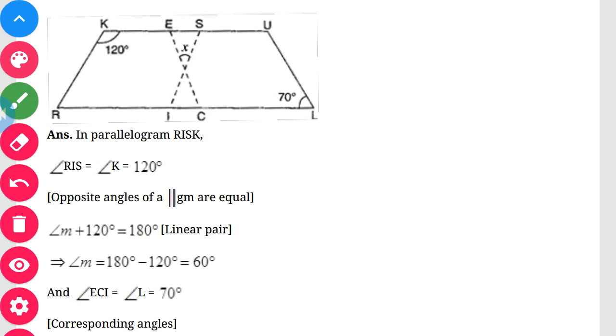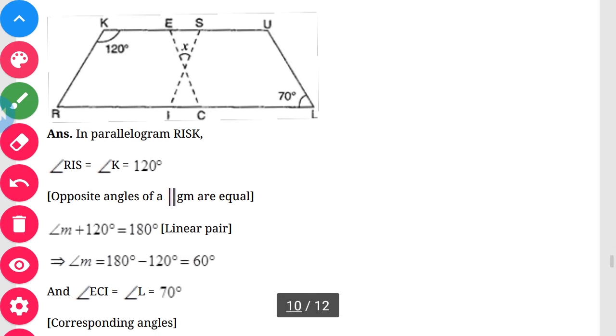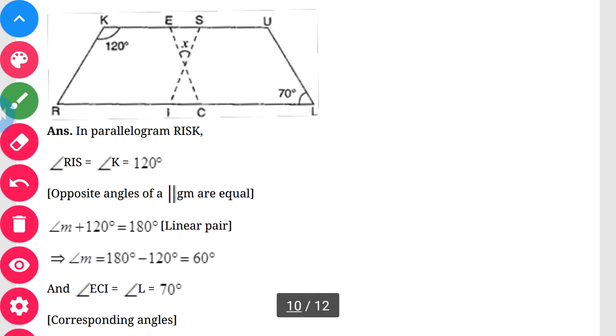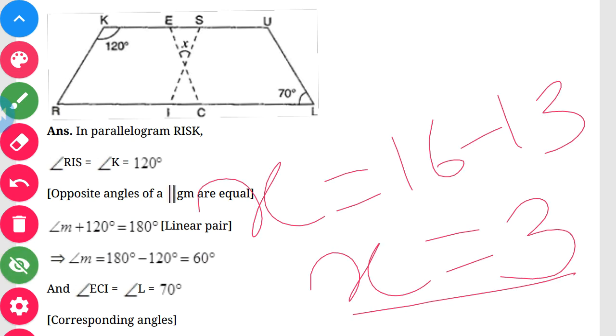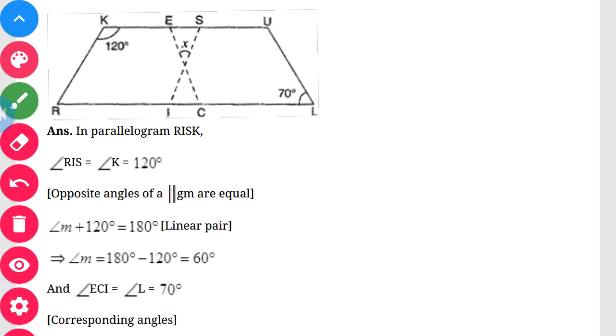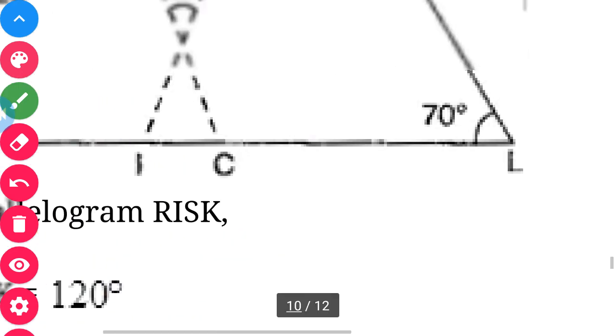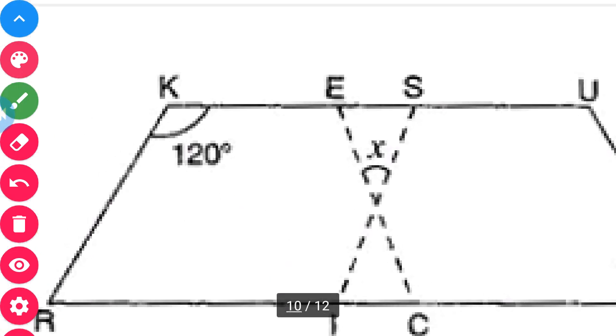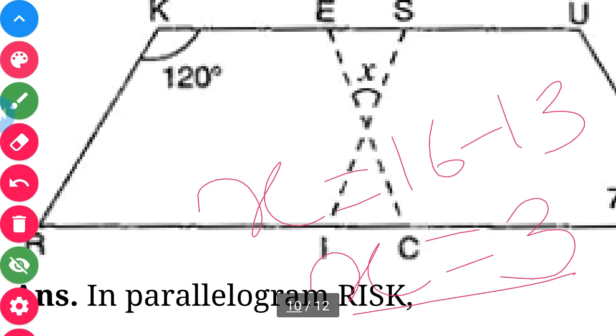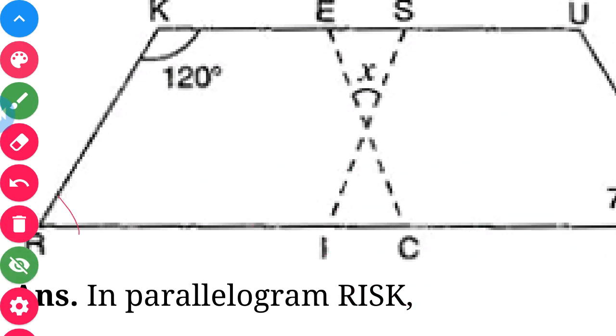Very simple. First we need to find your R, because if you find R, you will get this. Let me zoom it for you and give you a hint. It looks complicated, but it is very simple, children. If you find this angle R, you can easily find this angle S here.